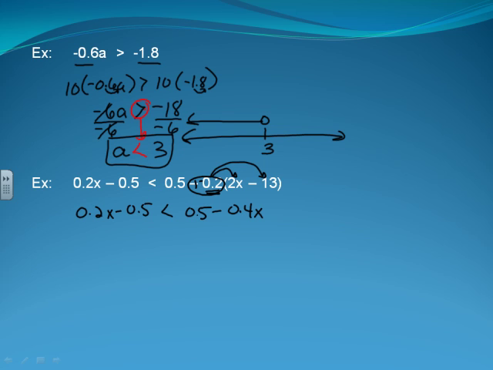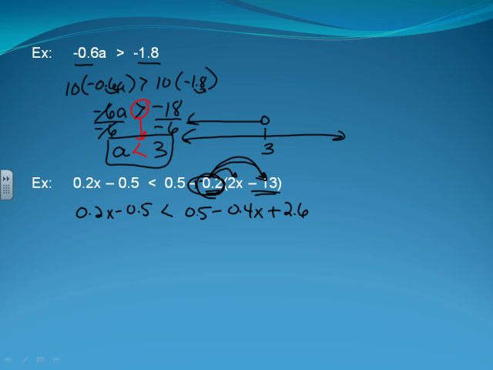Again, 2 times 0.2 is 0.4, minus times a positive is minus. You could also write that as plus a negative 0.4x. It's the same thing. And then our next step, if you take minus 0.2 and multiply it to a minus 13, negative times negative is a positive, and 0.2 times 13, if you do that on your calculator, is 2.6.